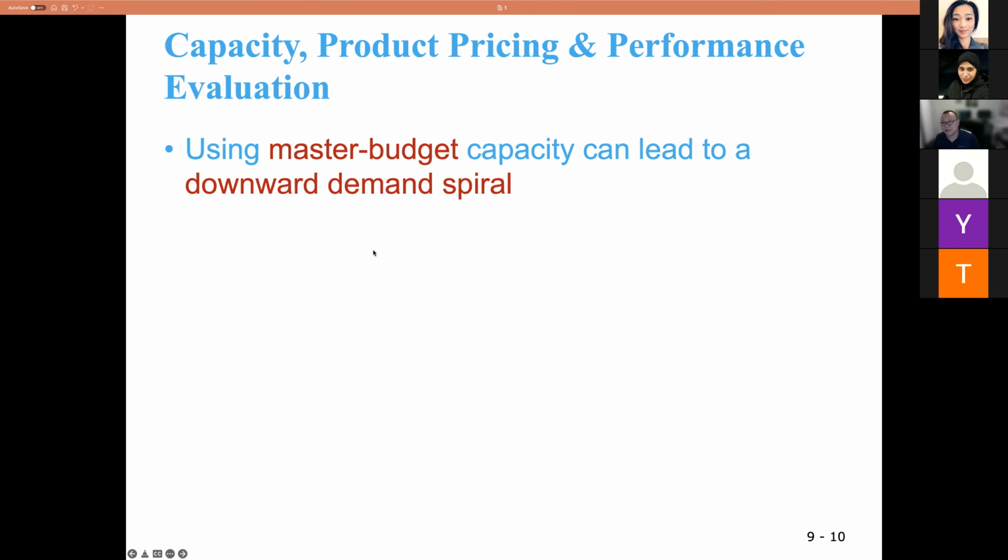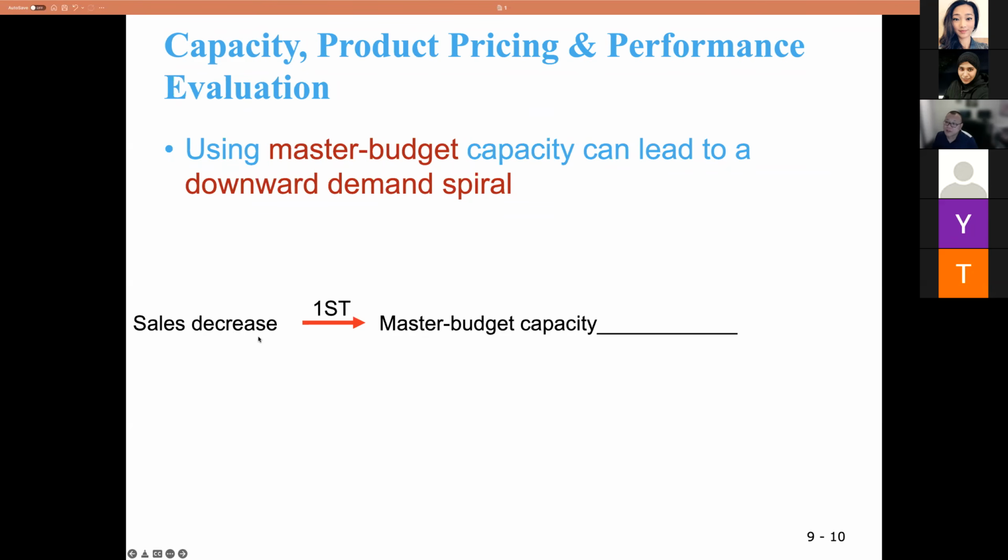So what does this mean? Suppose sales decreased because the economy is not doing well, COVID, anything else. If the sales dropped, what happens to the master budget capacity?